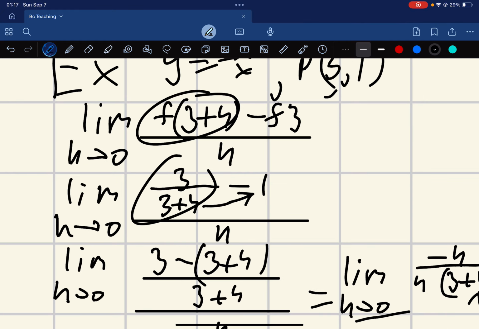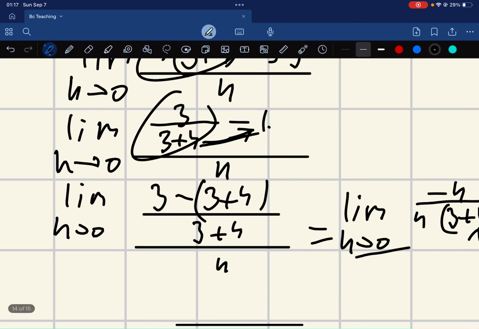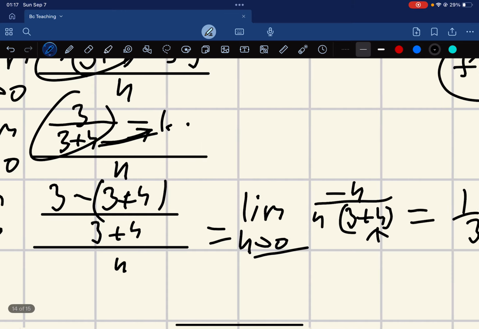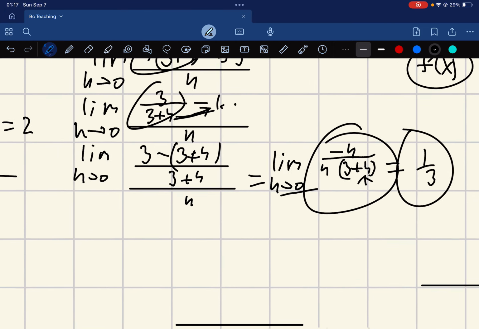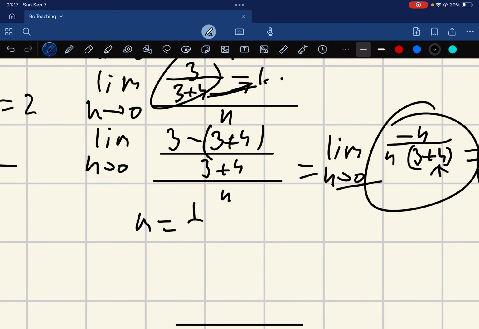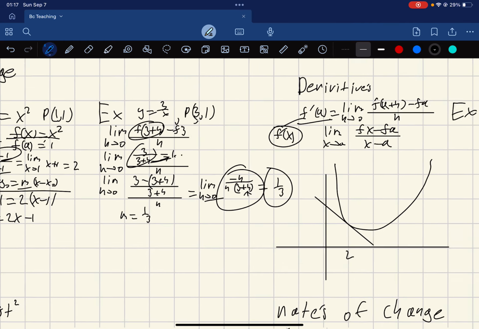Now to get it under one denominator, multiply that by that, and that by that, and then you get 3 minus 3 plus h, over 3 plus h, divided by h. You get this, you get that. Okay, so that would be our m, so m equals 1 over 3. And now you need to find the line.